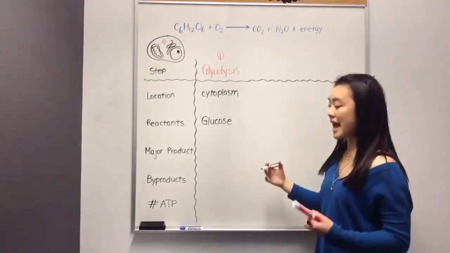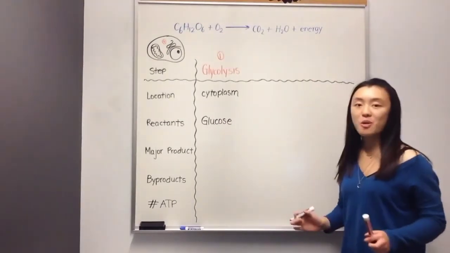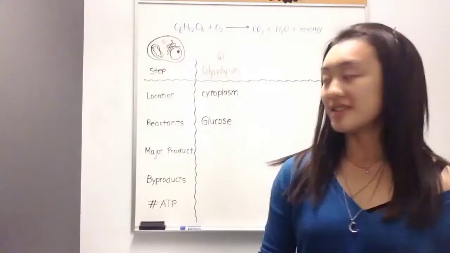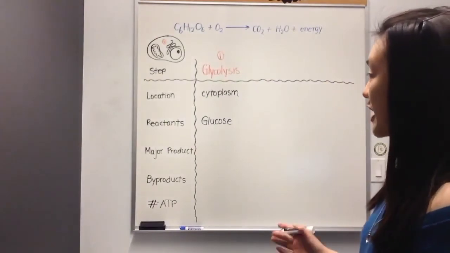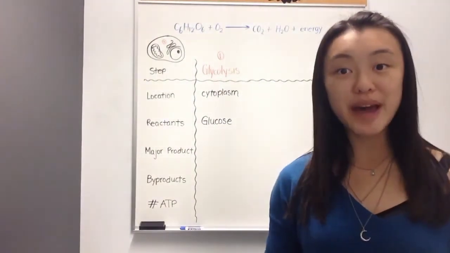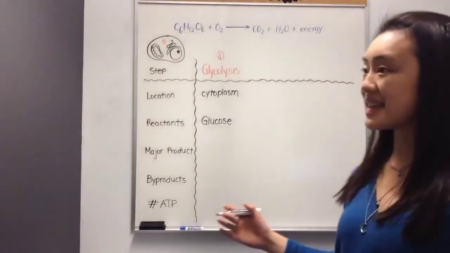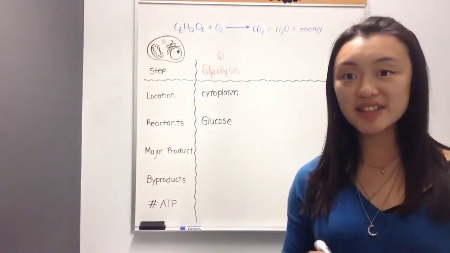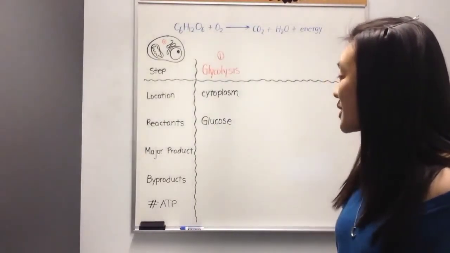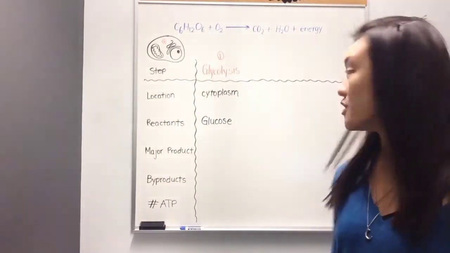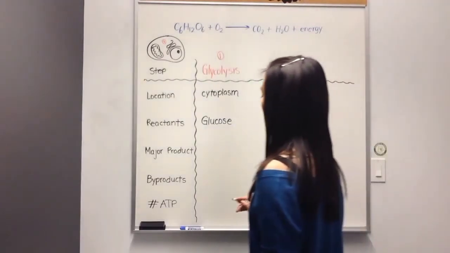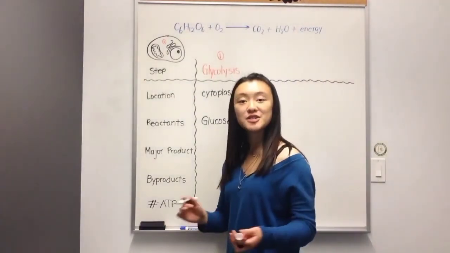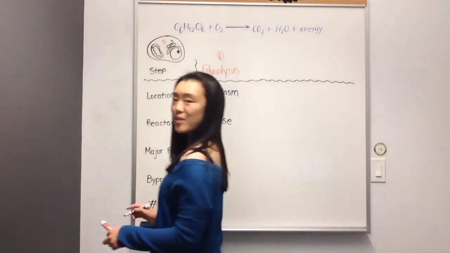This process is anaerobic, which means we do not require the presence of oxygen. The major product of glycolysis is a molecule known as pyruvate. While glucose has 6 carbons, pyruvate only has 3 carbons, which means a 6-carbon glucose can be broken down into two 3-carbon pyruvate molecules.